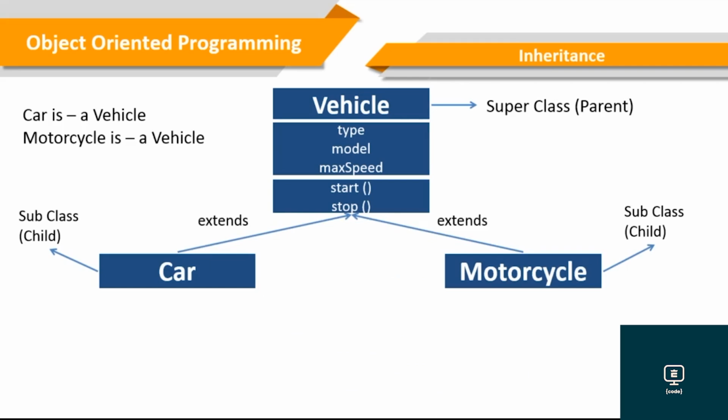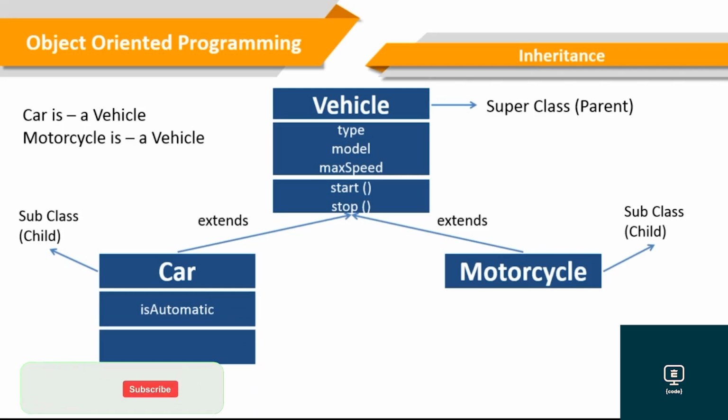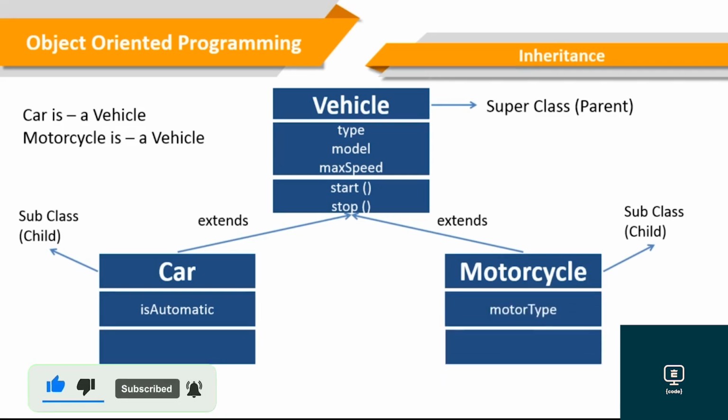So the Car and Motorcycle classes inherit variables and methods from the Vehicle class. And there's no need to declare these variables or methods again for the Car and Motorcycle classes. The Car class has its own variable that's named isAutomatic. And the Motorcycle class has its own variable that is named motorType.